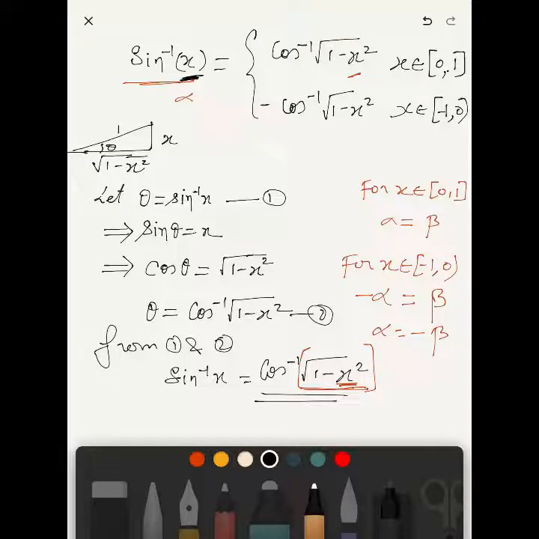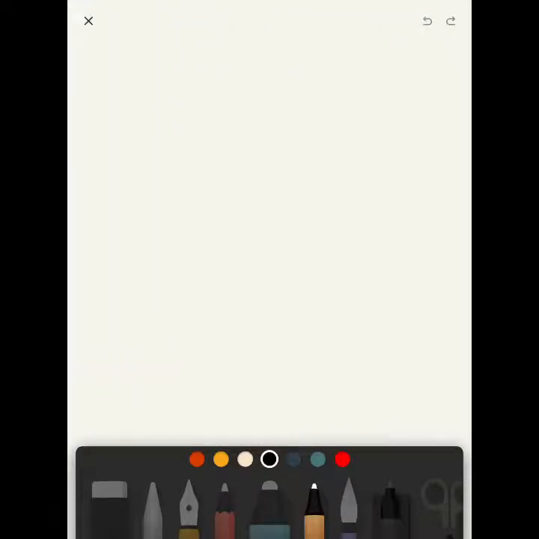Let me make this thing clearer, how you can write these things. Coming to the next page, see in the bracket what I wrote? Cosec inverse, isn't it? So I'm still in the previous one.